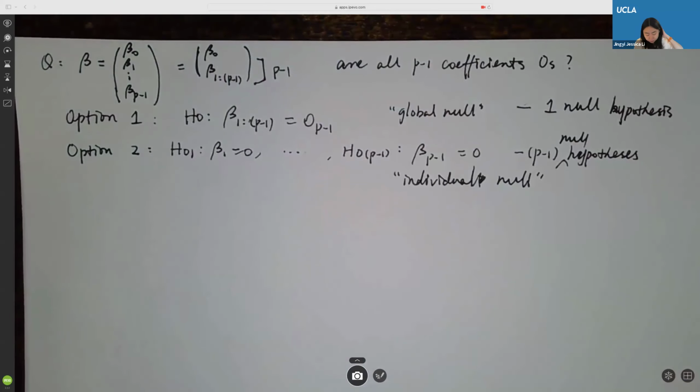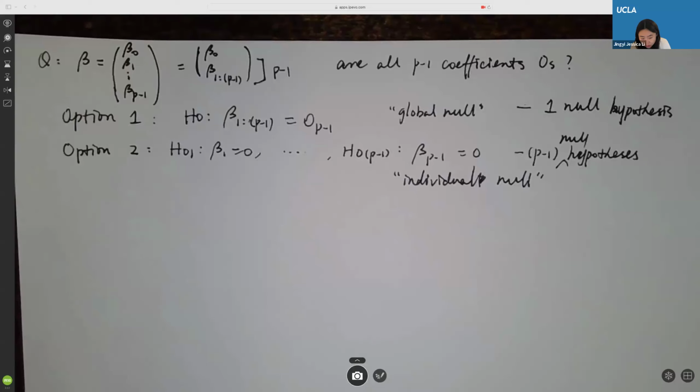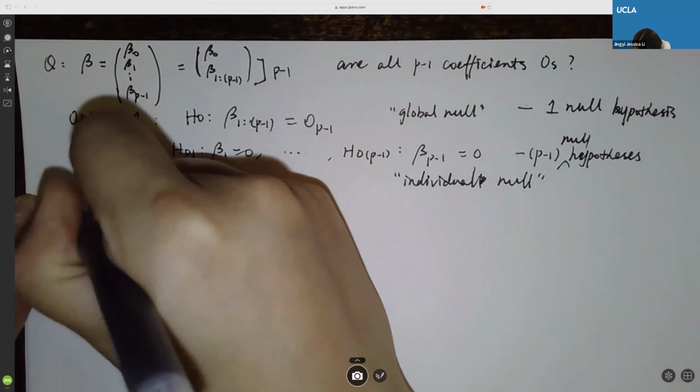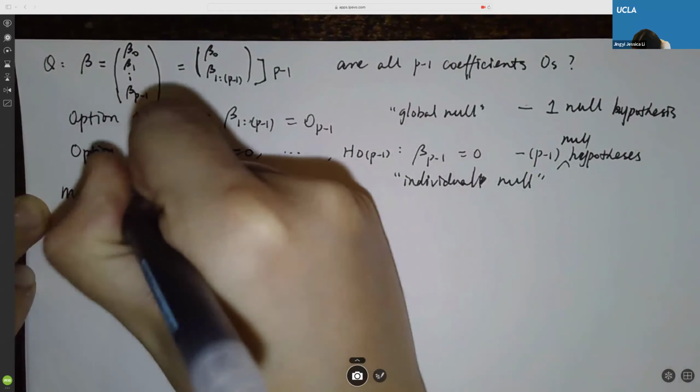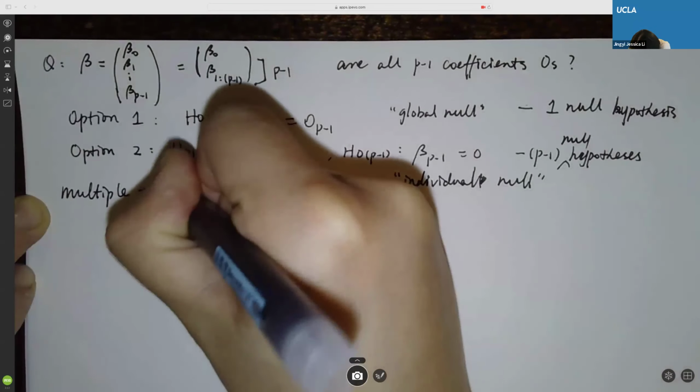So they are named differently. I'll just quickly say that while both options are available, your decision will depend on the question you want to ask. Something we haven't introduced in this class, but which I think is very important to know in practice, is the so-called multiple testing correction.